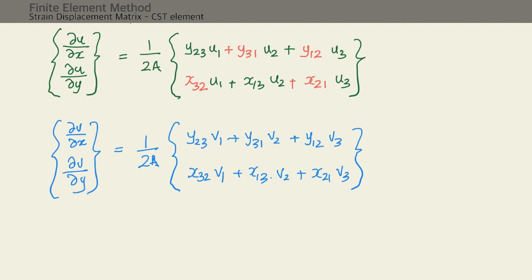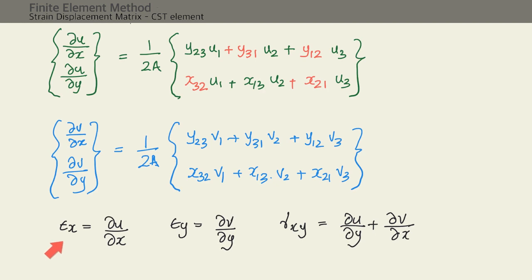Now we are in a position to write expression for epsilon x, epsilon y and gamma xy. We have the value of epsilon x, ∂u/∂x, from this expression. So ∂u/∂x is equal to 1 by 2a into this line. Epsilon y is equal to ∂v/∂y. So ∂v/∂y is here. So ∂v/∂y is equal to 1 by 2a into x32 v1 plus x13 v2 plus x21 v3.